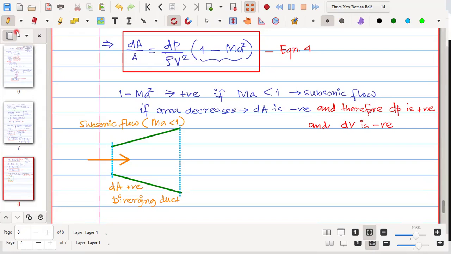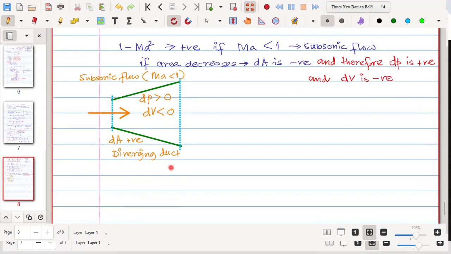If area increases, then first we write pressure will increase and velocity will decrease. Okay, now if the velocity decreases, we call it a diffuser.